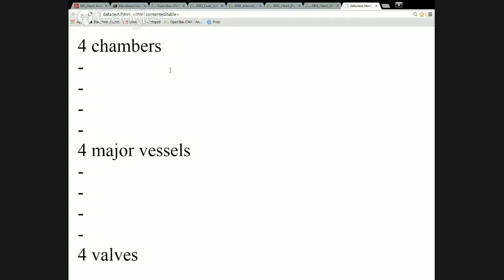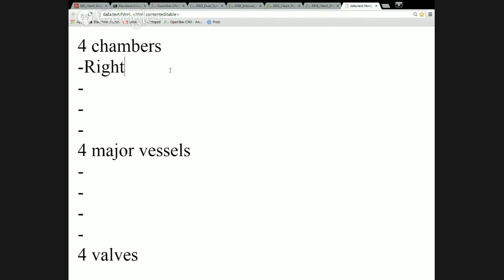The chambers, there are 2 upper chambers or superior chambers and 2 lower or inferior chambers. The superior ones are called atria, the inferior ones are called ventricles. And then there are 2 on the right and 2 on the left. So that makes up sort of this 4-square thing.